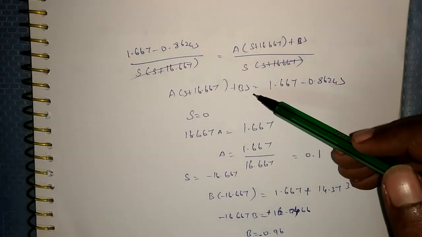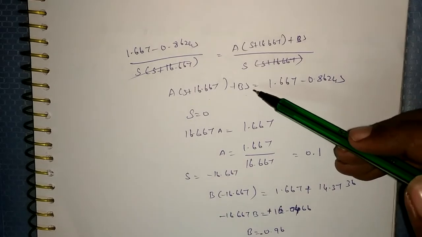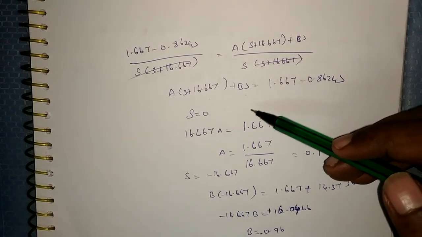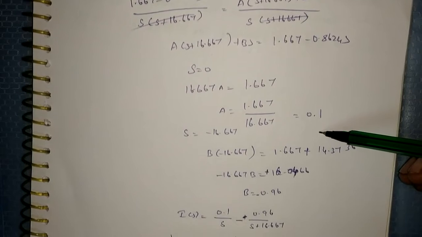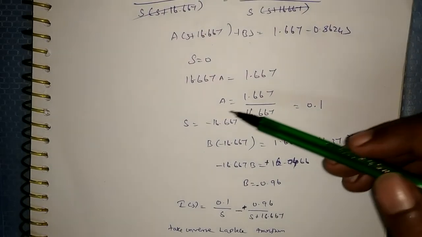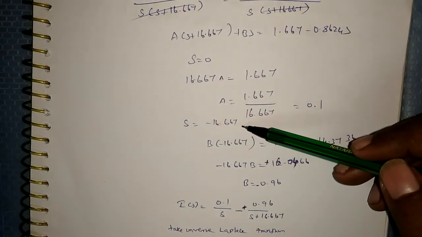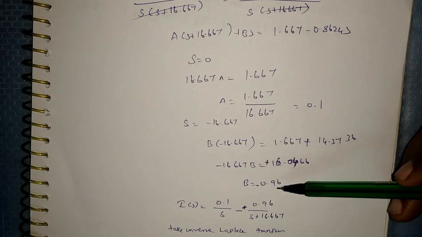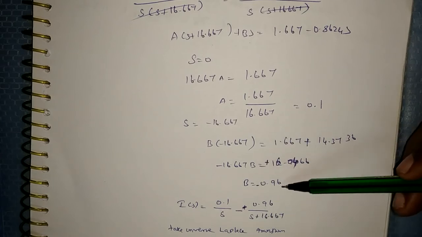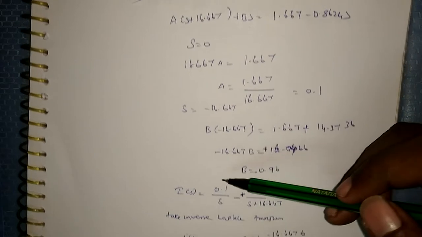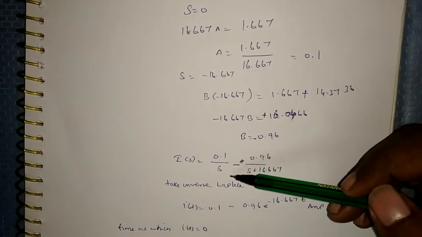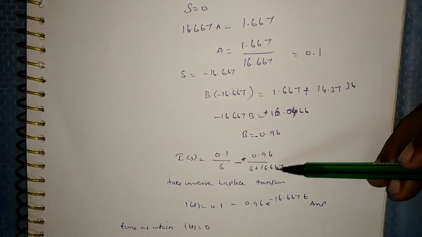There are two possibilities for s: s equal to 0 and s equal to minus 16.667. If I substitute s equal to 0, a will be 0.1. If I substitute s equal to minus 16.667, b will be minus 0.96. Substituting in the equation, we get I of s equal to 0.1 by s minus 0.96 by s plus 16.667.